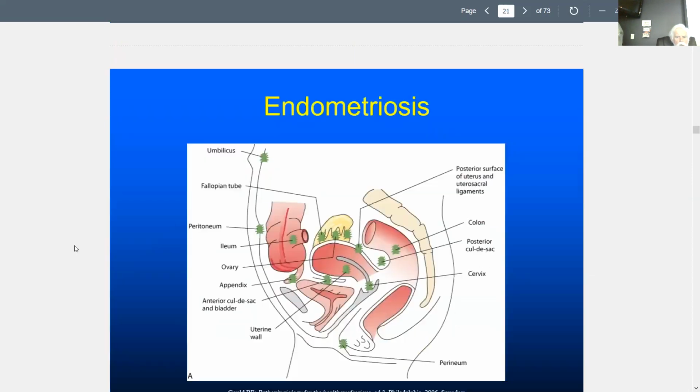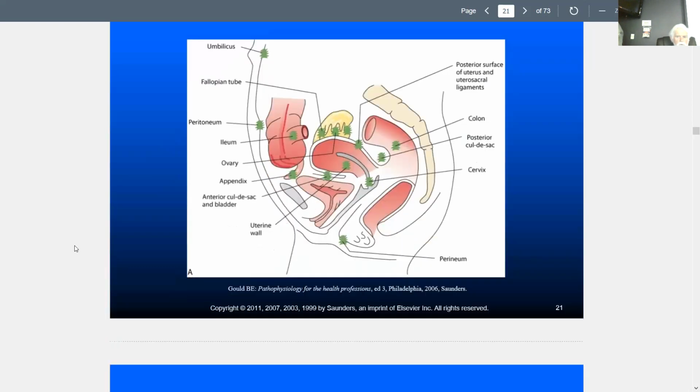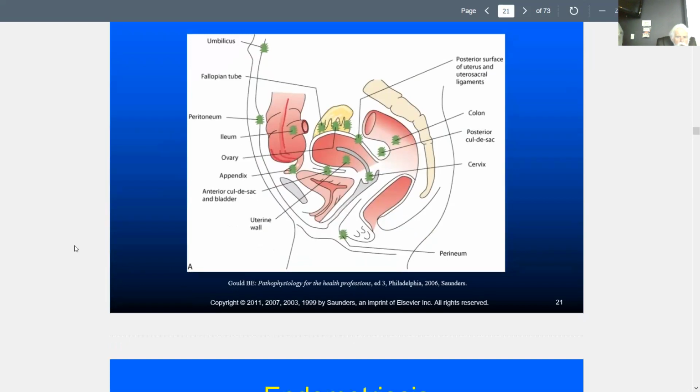Here's a basic diagram of where the foci of the endometriosis can occur. Pretty much the entire lower abdominal area can have a problem with this painful endometriosis.